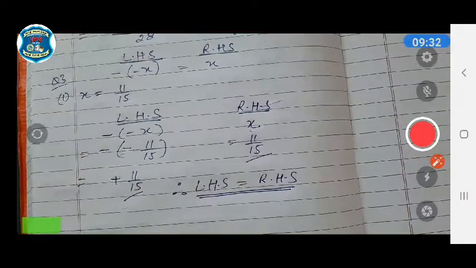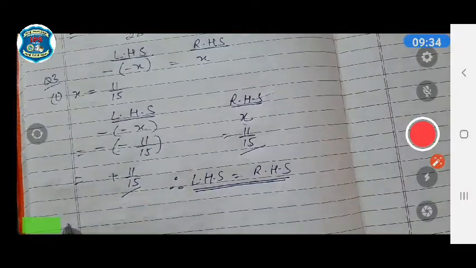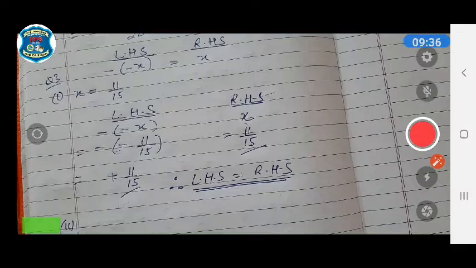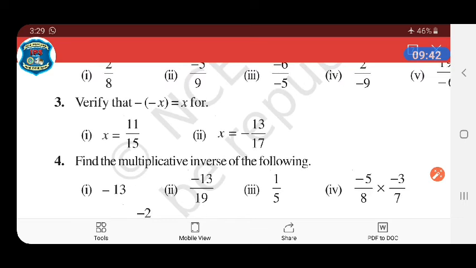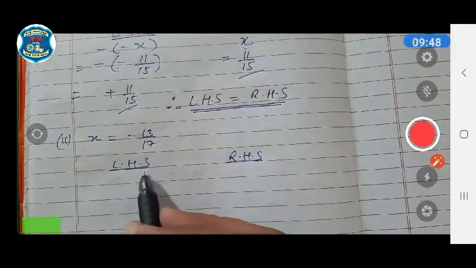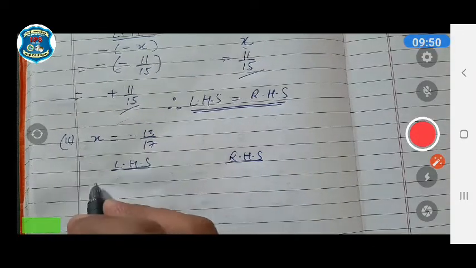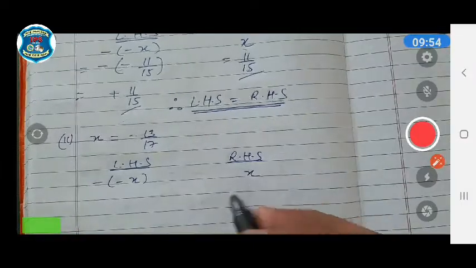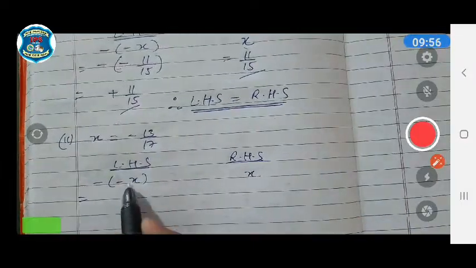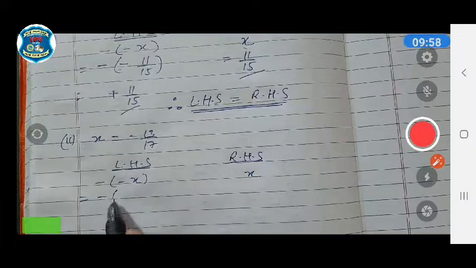Understood? Let us see the next part. The next part is x equal to minus 13 upon 17. In left hand side it is minus into minus x, and right hand side it is x. So let us put the value in left hand side, minus into minus x.